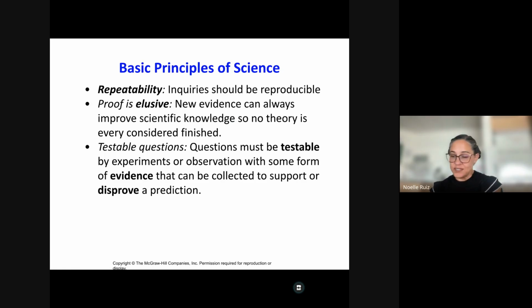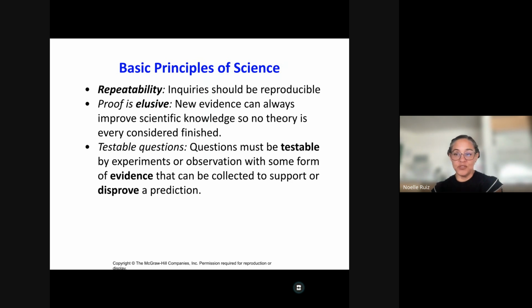Testable questions is a basic principle of science. Because we have to perform experiments and gather results and interpret those data and results, questions must be testable by experiments, or observations with some form of evidence that can be collected to either support or disprove a prediction, or support or reject.